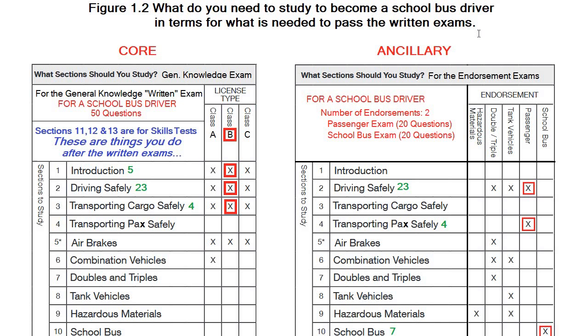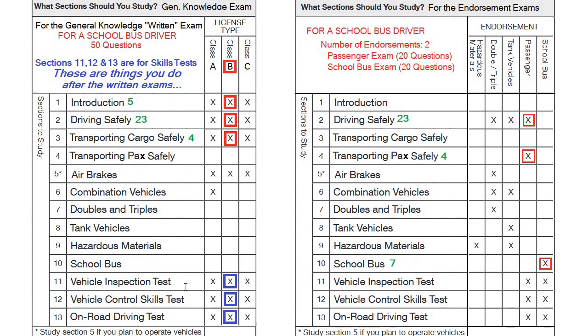For example, when you're doing a vehicle inspection test, this is a skills test. You go and you start showing the components of the vehicle that you're driving and the function that they have and what condition they should be in and what could possibly be wrong with each component. The vehicle control skills test, or the vehicle skills test, shows essentially, do you know how to back up a vehicle a certain way?